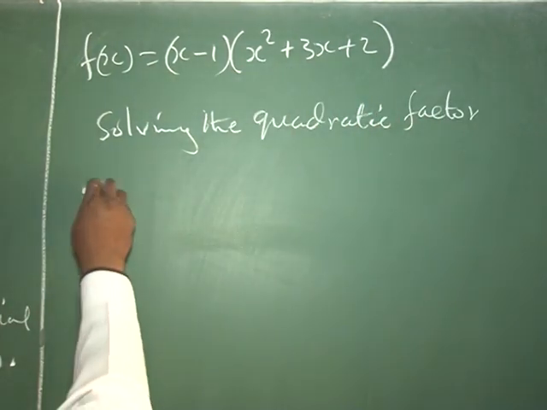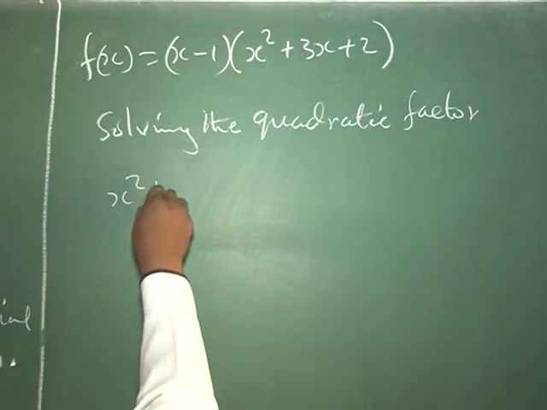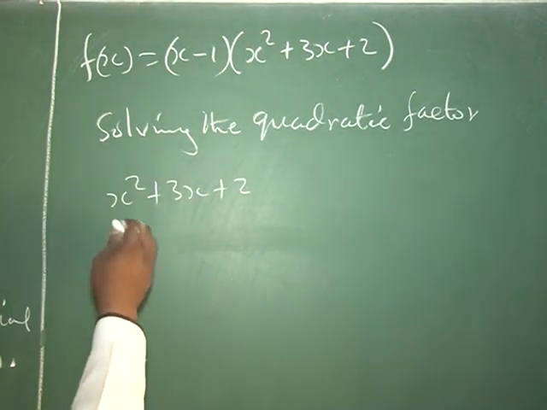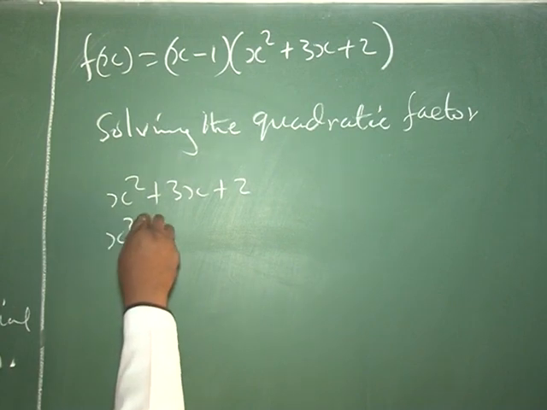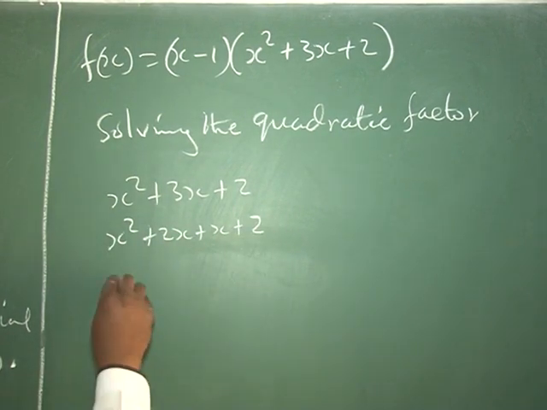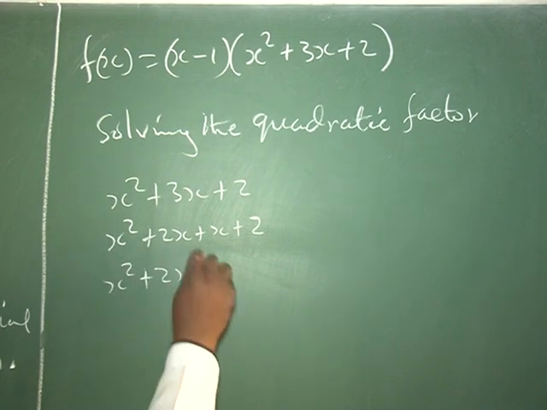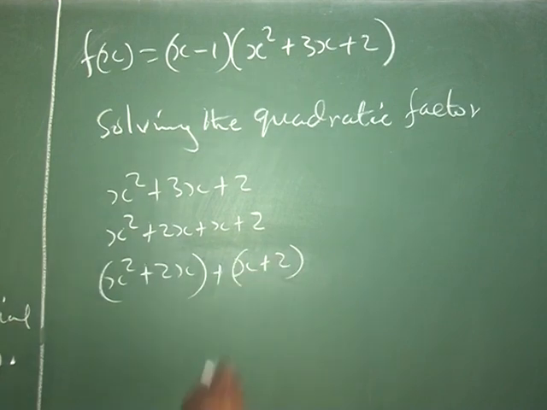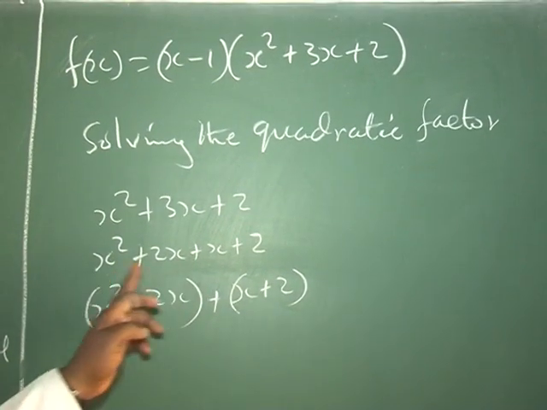Solving this, we will have x squared plus 3x plus 2. We know that by factorization we have x squared plus 2x plus x plus 2. That is by grouping the terms.